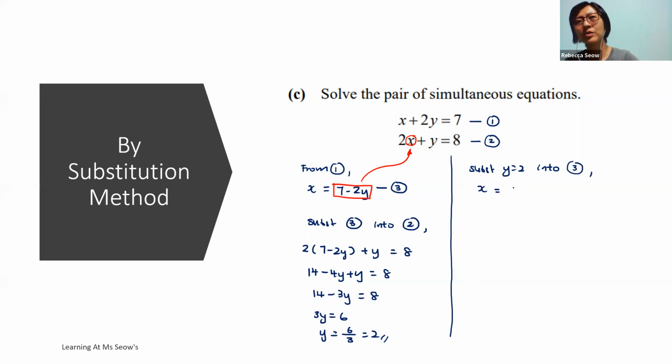So x equals 7, take away 2y. Therefore, the solution would be x equals 3 and y equals 2, just exactly like what we saw in the previous method.